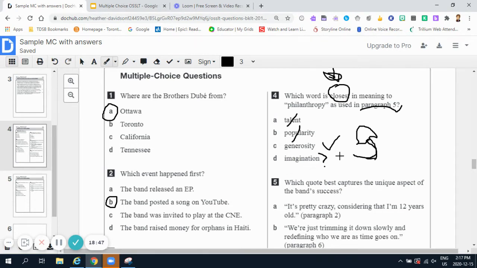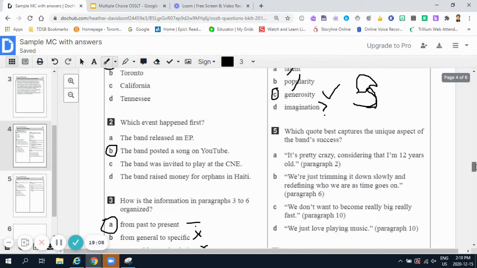Because if you talk about their generosity, how they're giving back, you could also fit imagination under there because they're doing all these concerts for all these different causes and that proves their imagination. If you talk about imagination, it doesn't really provide an umbrella for generosity. So that's how we know the answer is C.